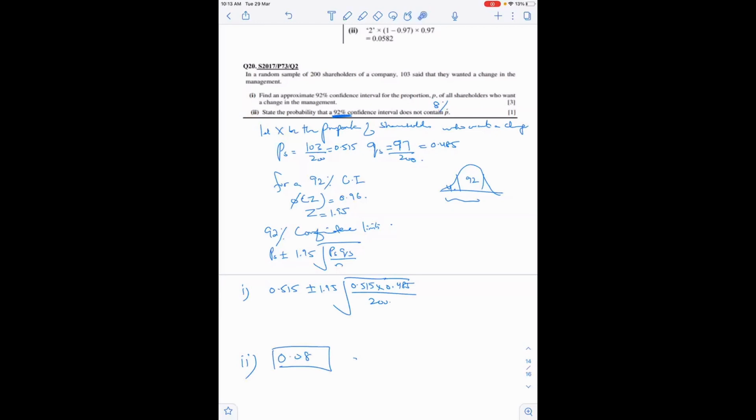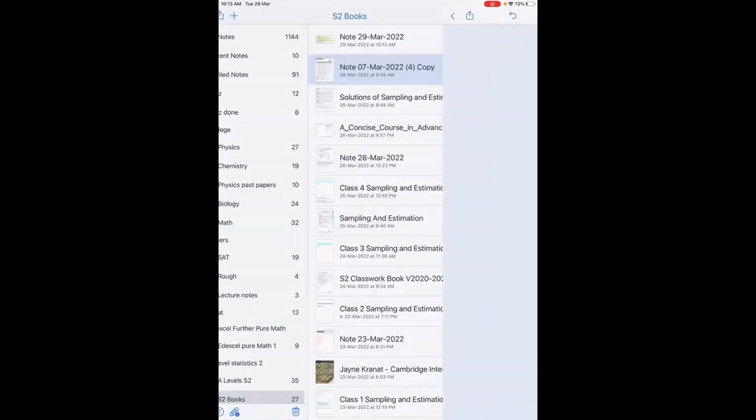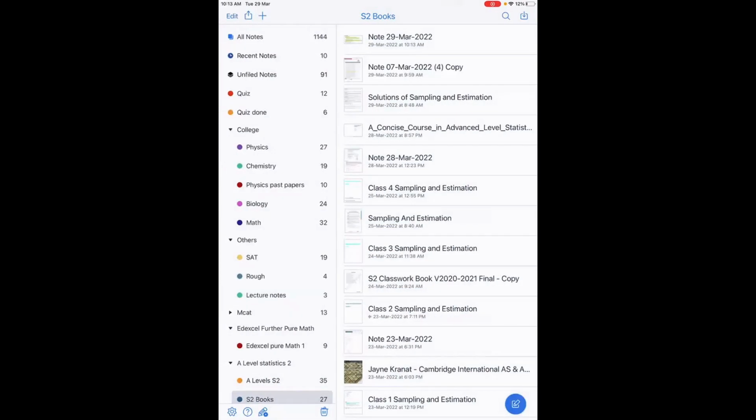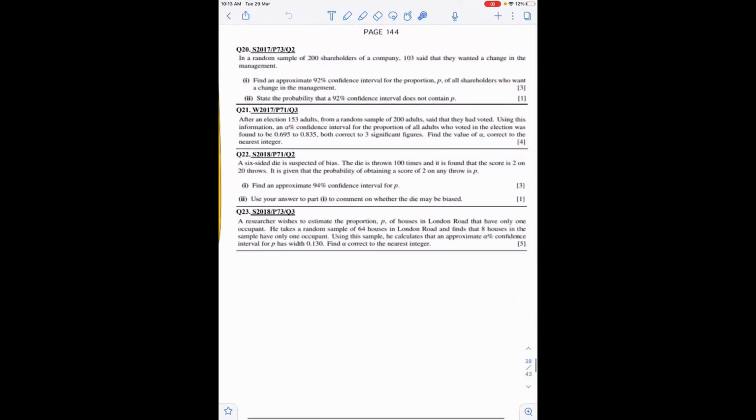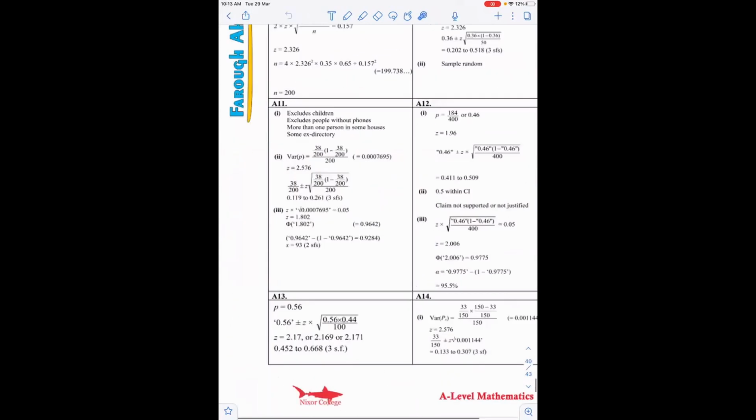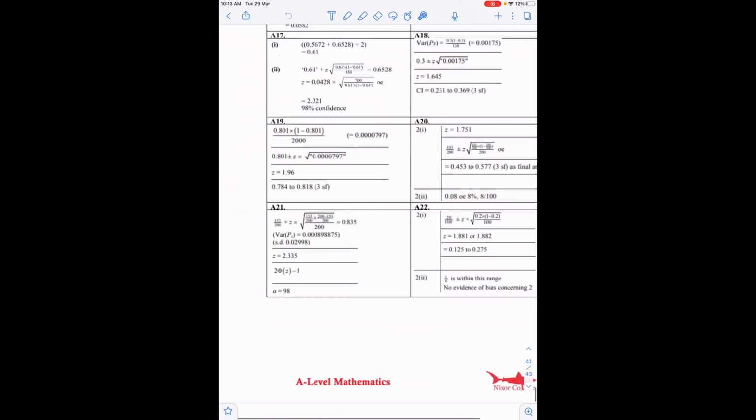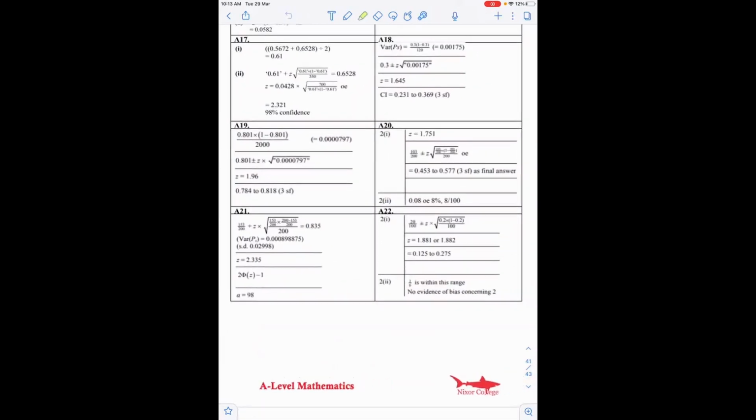The probability that the 92% confidence interval will contain P will be 0.92 and does not contain will be 0.08. Still I'm checking it. Okay, we did 20. So we're done with this.